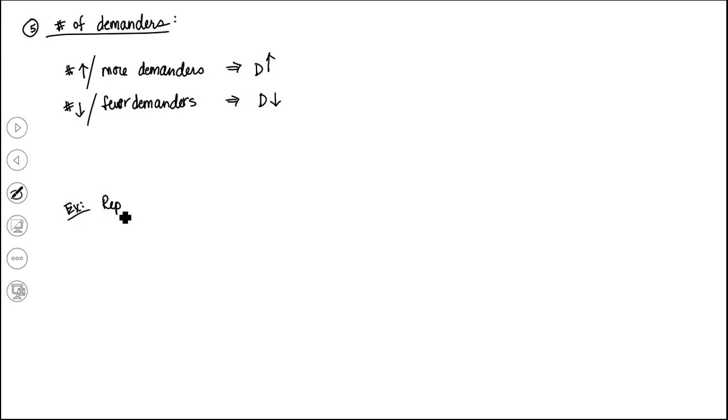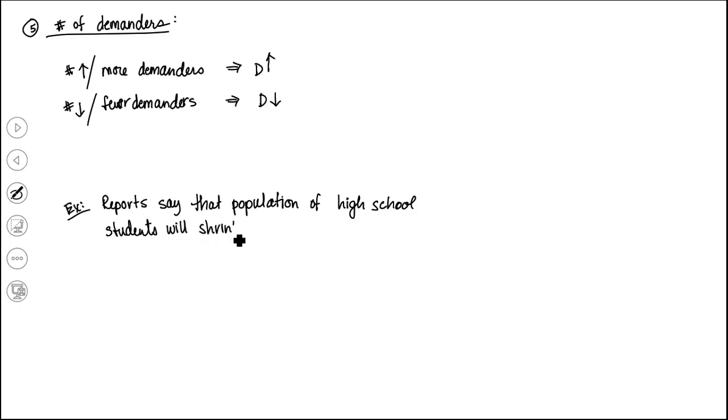So what might be an example? Well, maybe reports say that the population of high school students will shrink by 30% in the next decade. And we are expecting that to be true. I don't know if it's 30%, but we're going to see a shrinking population of high school students because people, I guess, are having fewer kids.